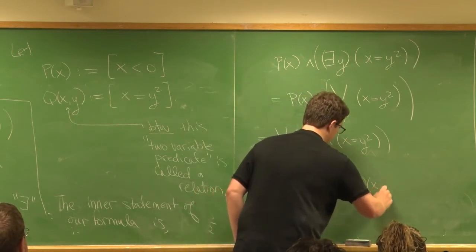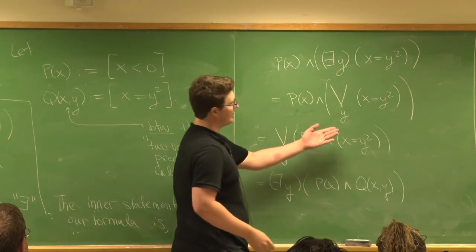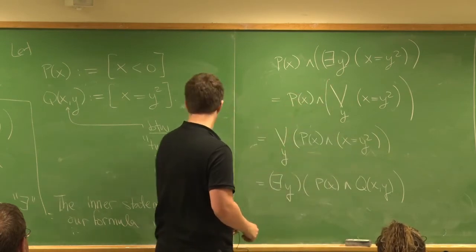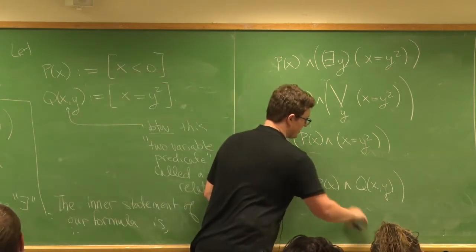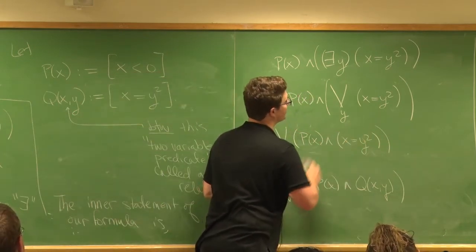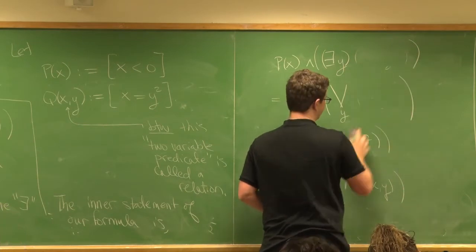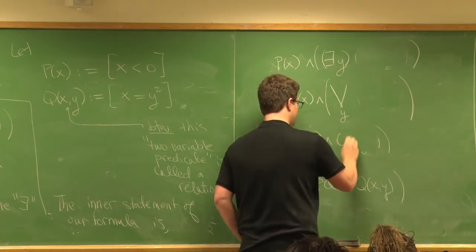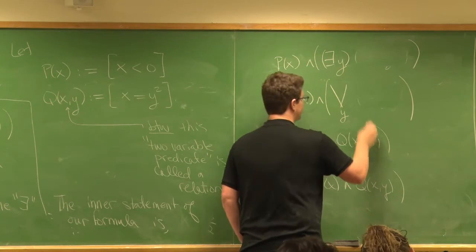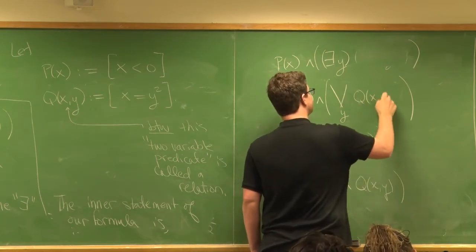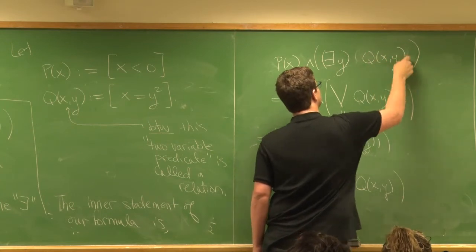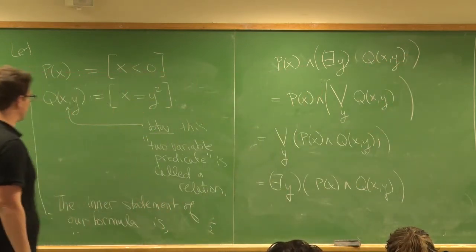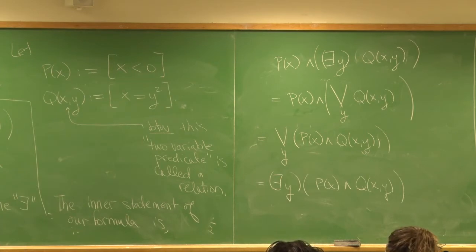So I meant to write q of xy all down here, but I just didn't do it. So let me take a second, and I'm just going to put q of xy over each one of these. That's what I meant to do, but it doesn't really matter either way. I just wanted to substitute this with a general thing so it looked more general rather than our particular proposition with variables. Okay? So does that make sense?